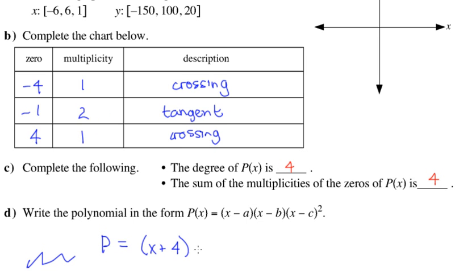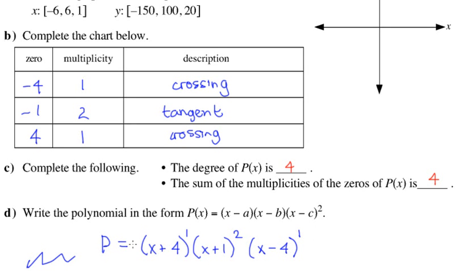We have a 0 at negative 1, which would come from this, and that's of multiplicity 2. And then we have a 0 when x is 4, and that one's multiplicity 1. They wanted it with a square last, but oh well, we'll survive. These are the 3 zeros, and then you put their multiplicities as powers, and that's your polynomial.